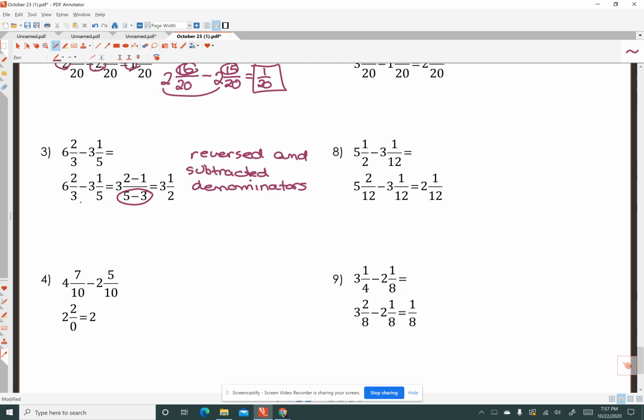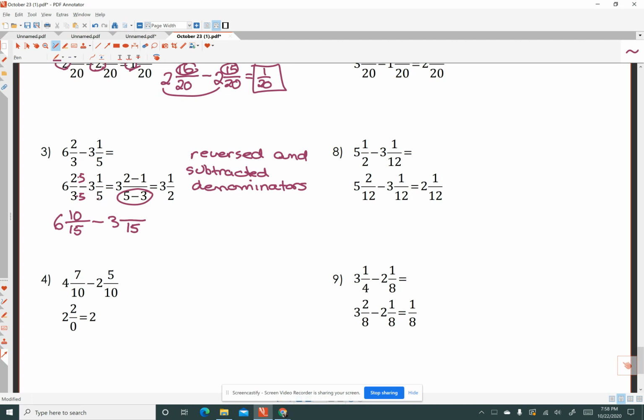Okay, so what should this be? So if we have a 3 and a 5 as denominators, our new denominator will be 15. So 6 and 3 times 5 is 15. 2 times 5 is 10. 6 and 10/15 minus 3.